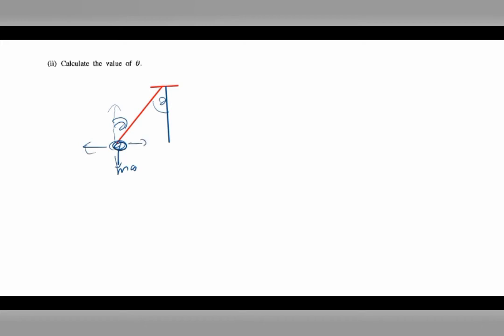And this is going to be T, tension. This is T cos theta and T sin theta, and this is Fc, the force. So how to do it? Now you can balance these three equations.